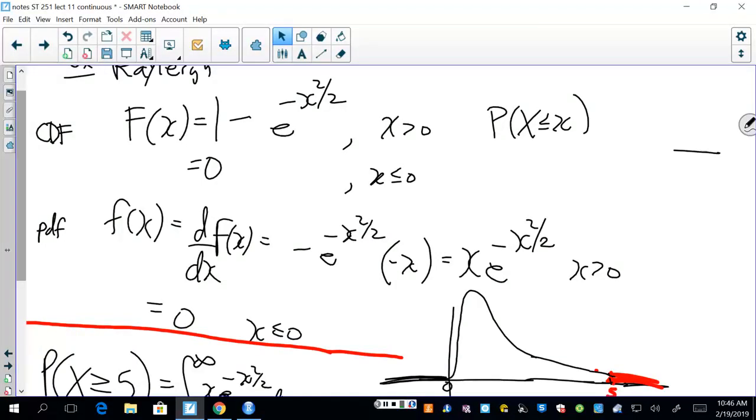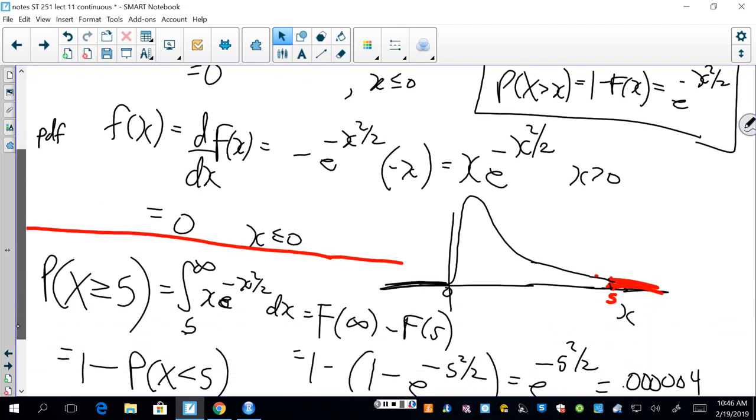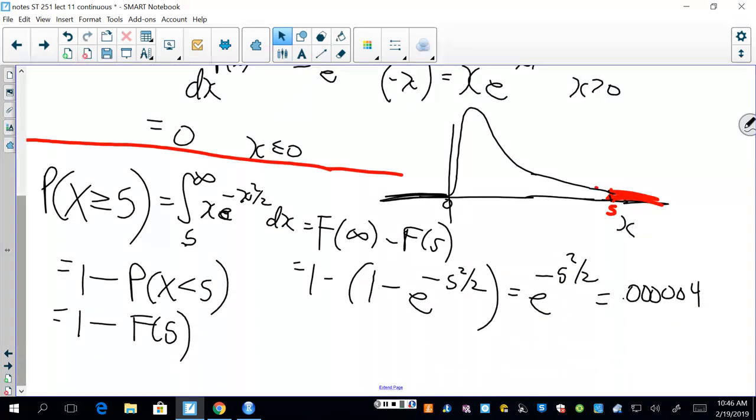So the probability that x is greater than a number is 1 minus that. 1 minus F of x, 1 minus the cumulative, which in this case ends up being e to the negative x squared over 2. So if you wrote out the integral and then did it, you would get that answer. If you already had the cumulative, it would just be that step.